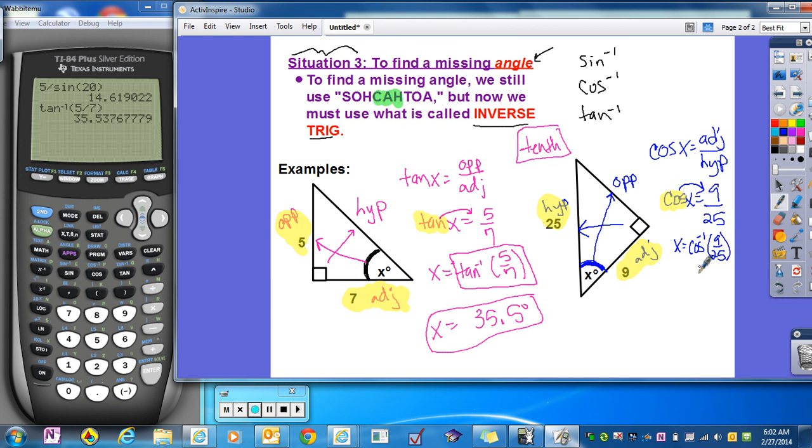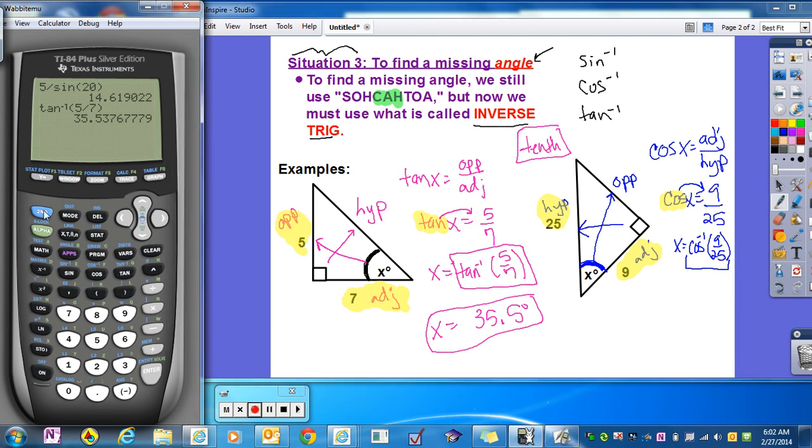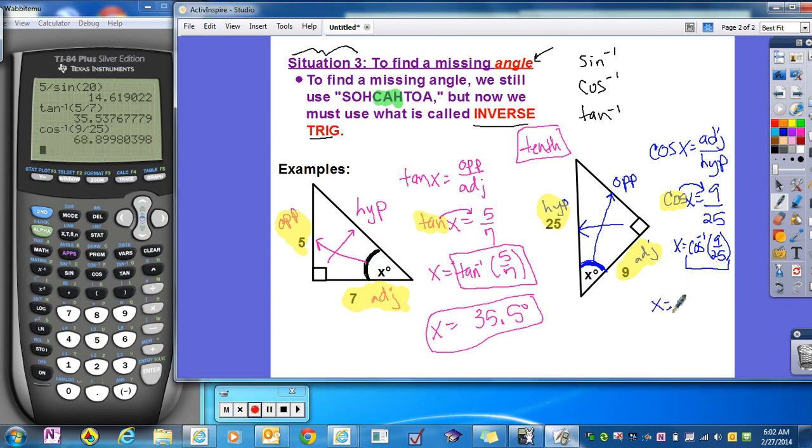All right, so now at this step right here, all I'm going to do is inverse cosine of 9 over 25 and put it in my calculator. So again, that means I'm going to hit second cosine, 9 divided by 25. Close your parentheses and hit enter. And so we're going to take this angle measure and round it to the nearest tenth, which is 68.89. Therefore, it's going to be 68.9 degrees.